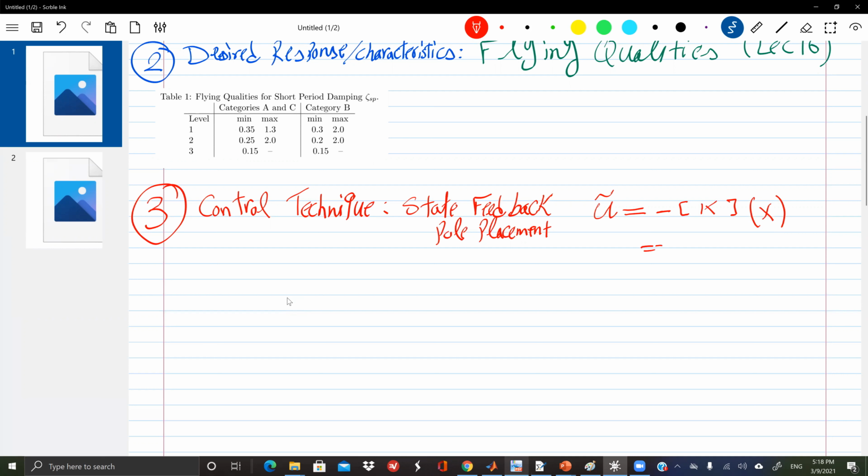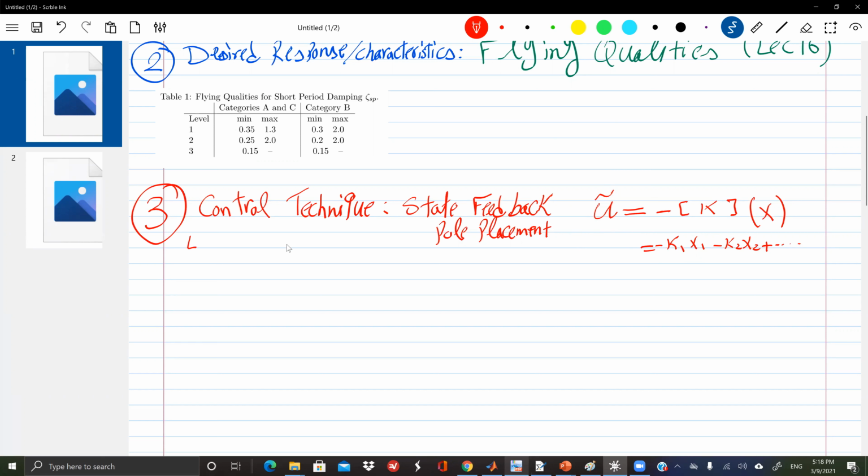So it's negative k1 x1, negative k2 x2, and so on. Please go and measure every state, every x, and we're going to tell you a way to design these gains K's offline, and just substitute this equation every single time step to get the right amount of input.